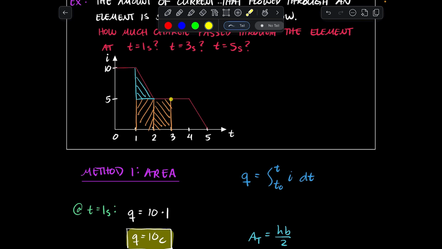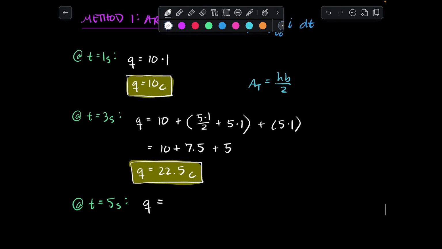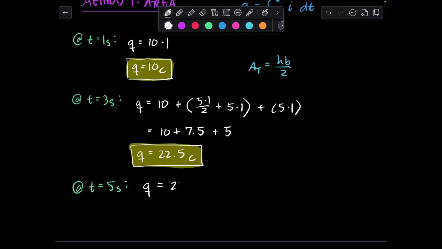And then we'll find the area between 3 and 5, which is going to be this rectangle, this interval between 3 and 4 seconds, and then this triangle between 4 and 5 seconds. So firstly, let's plug in our value here, 22.5, for the time interval between 0 and 3 seconds.